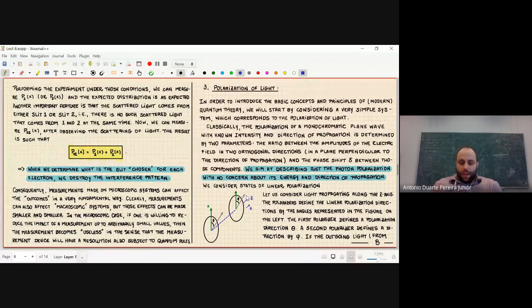So if the angles are the same, then the probability is 1. Namely, all the photons that you see here are photons in a state of polarization theta.